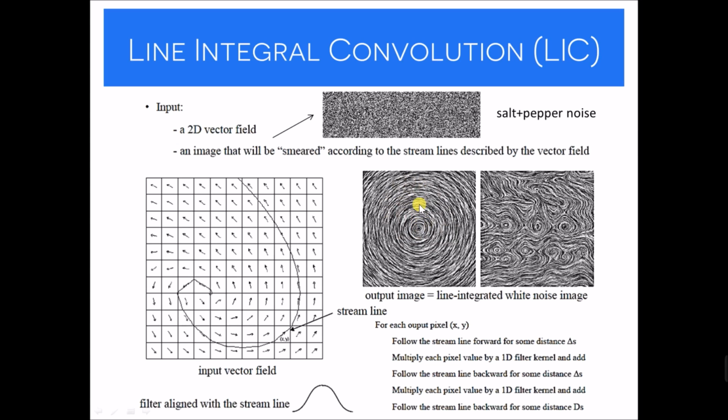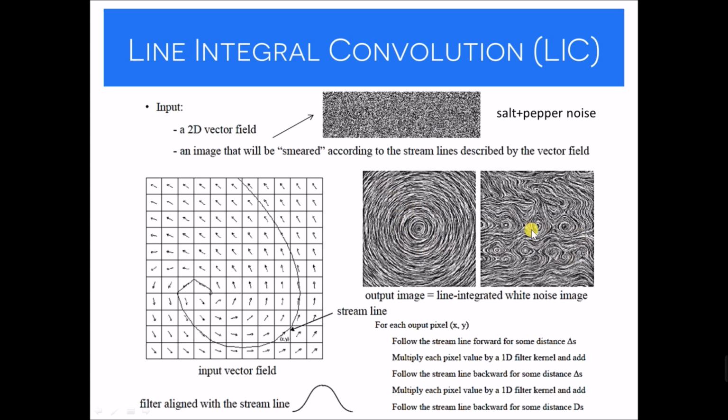You just followed the lines and averaged them, basically convolved them, or correlated them together, and then created this sort of structure. Because you only averaged along the line direction, only those pixels are connected and correlated together, and the other ones are not. So you still have randomness across the lines, but not so much randomness along the line itself.